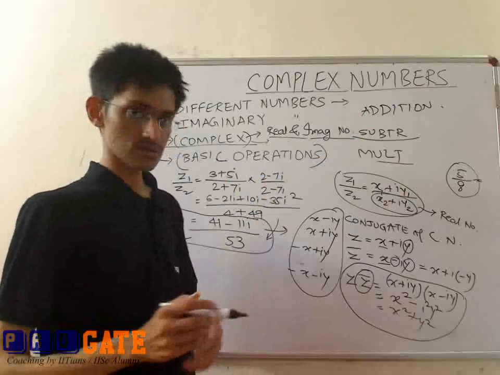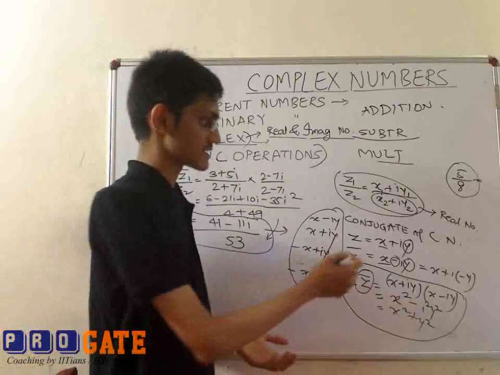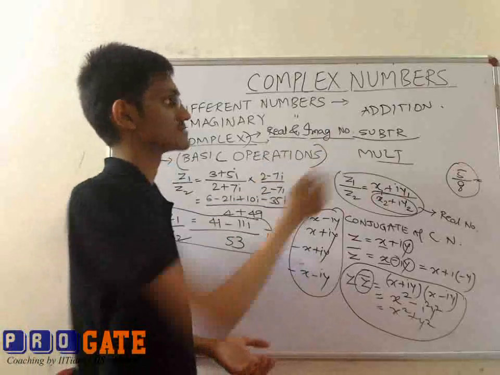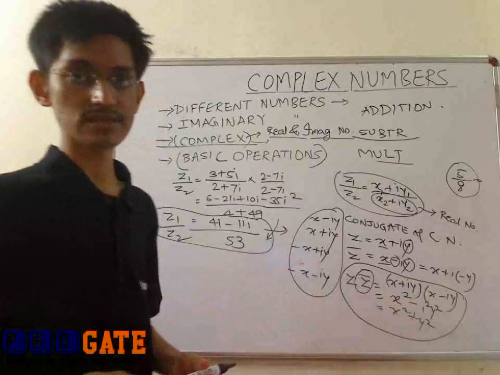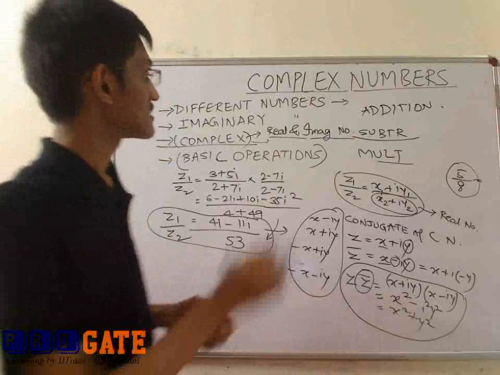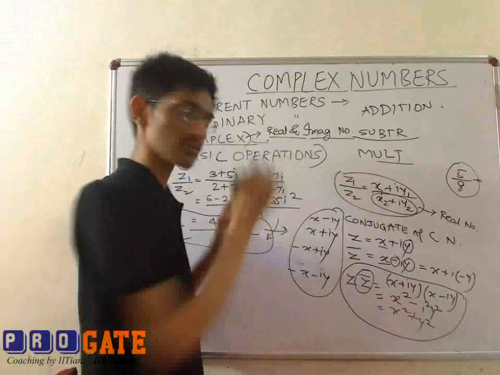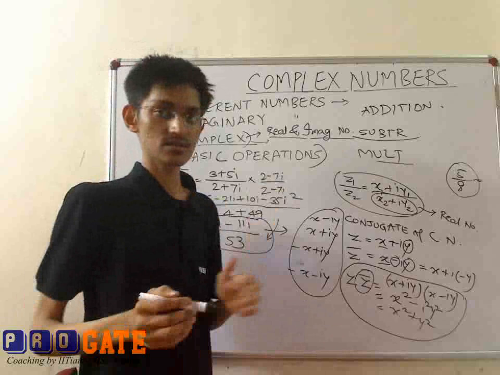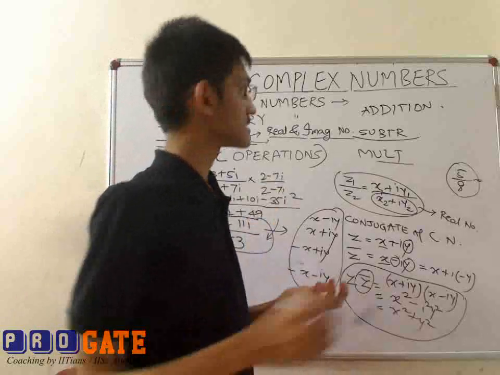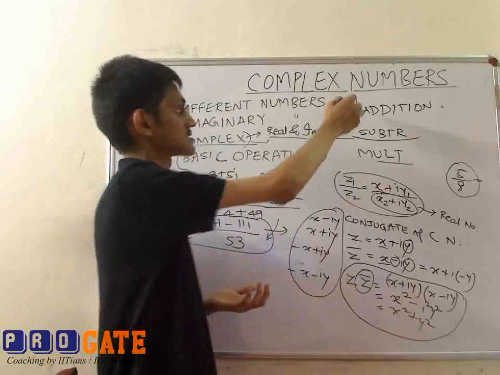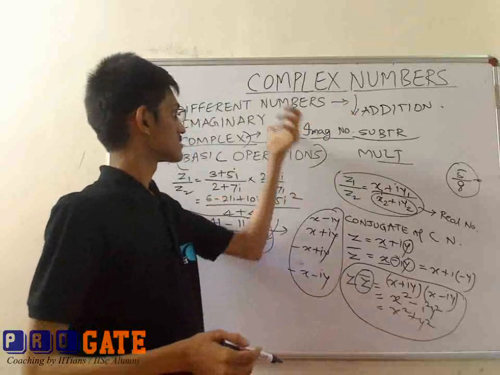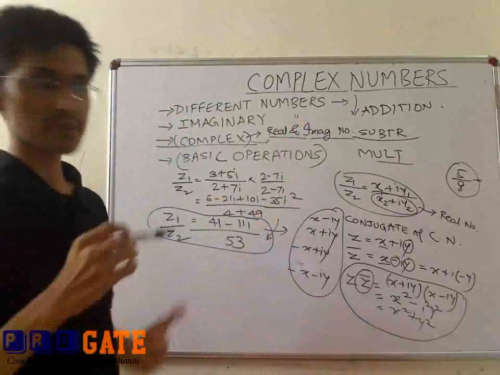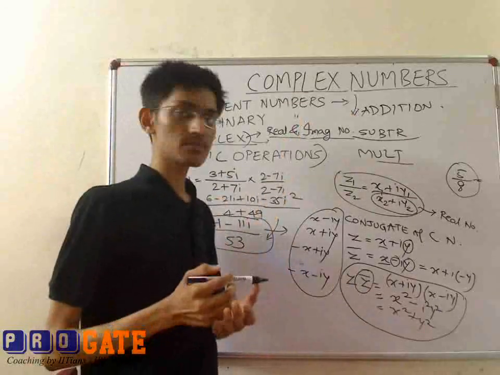I would suggest you take some different examples on your own or from the notes and try to solve problems related to addition, subtraction, multiplication. Now we have understood what a complex number is, but what's the importance of studying it? It depends on the branch in which you are studying, but most of the time we encounter square roots of negative numbers or imaginary numbers while deriving a theorem or applying a theorem to a particular problem.